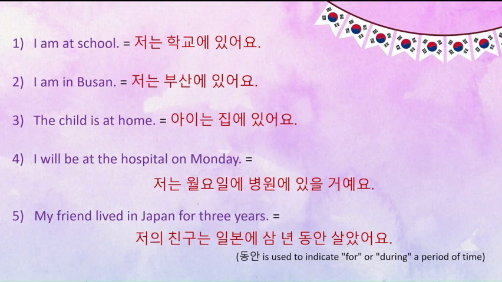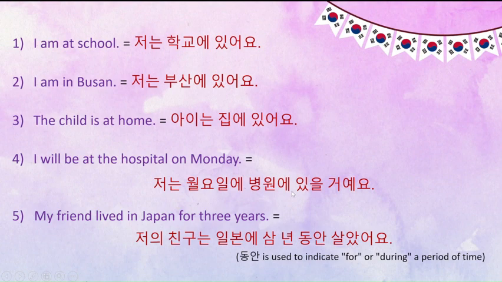In part 1 of this series we learned that. So if you want to denote Monday then you are going to attach the particle 에 with Monday. Monday is 월요일. Okay, and then the location is hospital. Hospital is 병원. So we have to attach the particle 에 to 병원 and it will be 병원에. Okay, so this is how this particle 에 is used twice in a sentence.